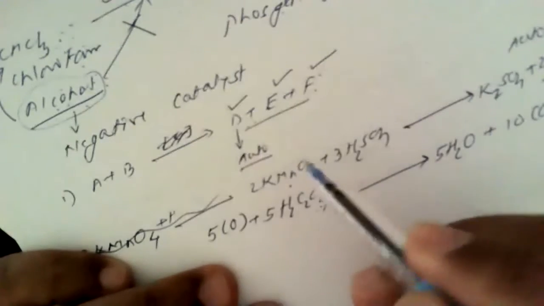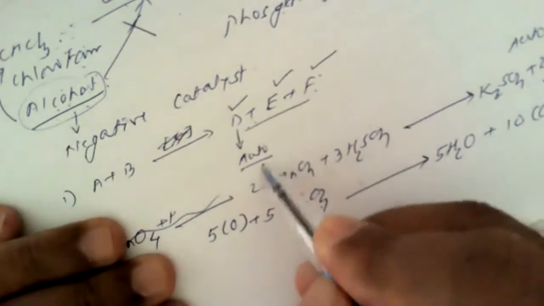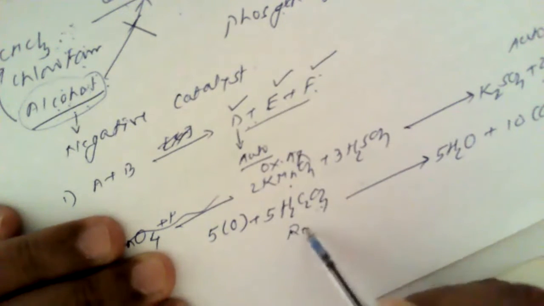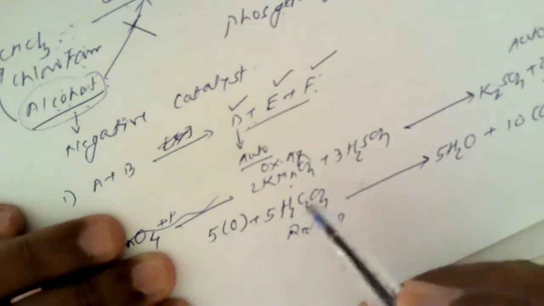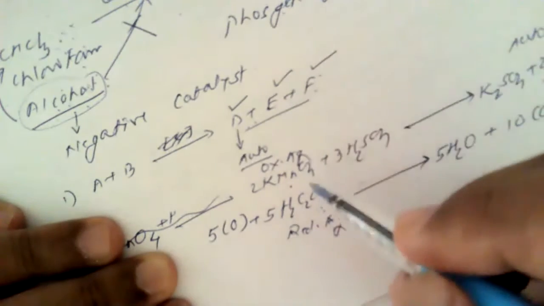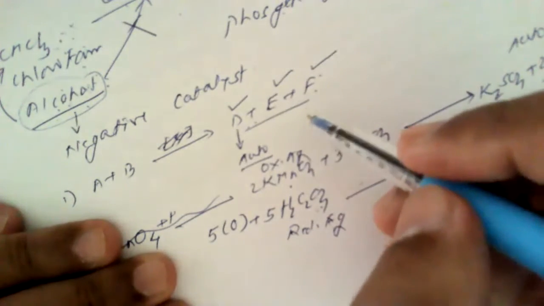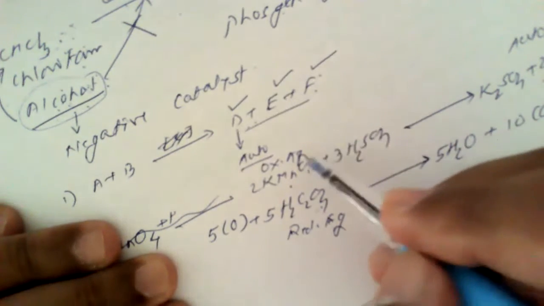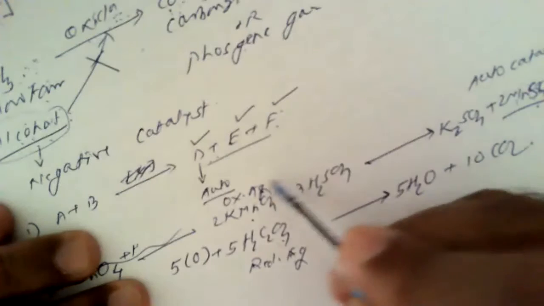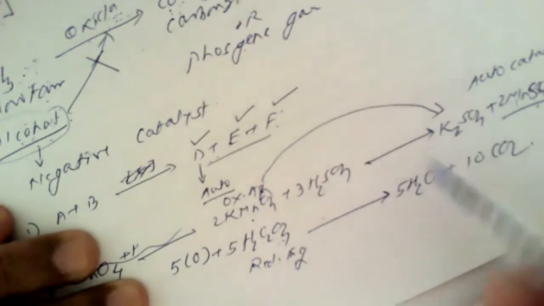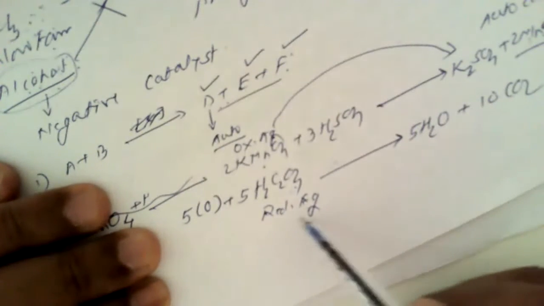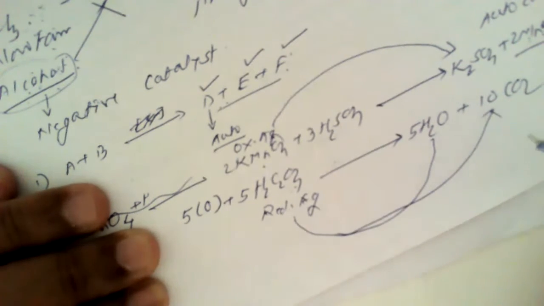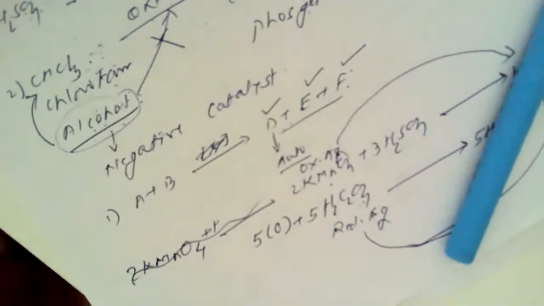That means here potassium permanganate acts as an oxidizing agent, while oxalic acid acts as a reducing agent. Now we know that this is an oxidation reduction reaction. That means the oxidizing agent itself gets reduced, while the agent that gets oxidized forms carbon dioxide.